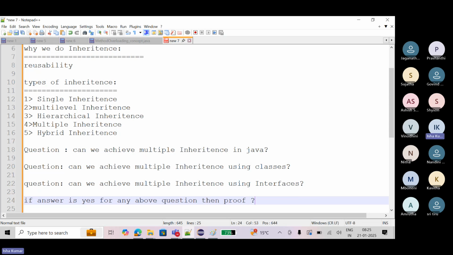Oh, this is a very, very important question. You should understand this. We'll see how many questions we can understand now. Later, when time comes, we can prove it also.